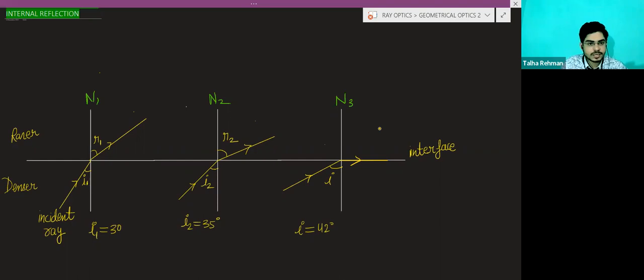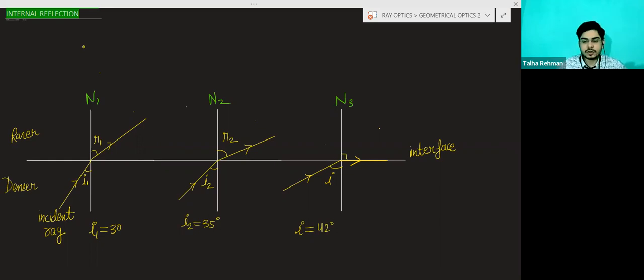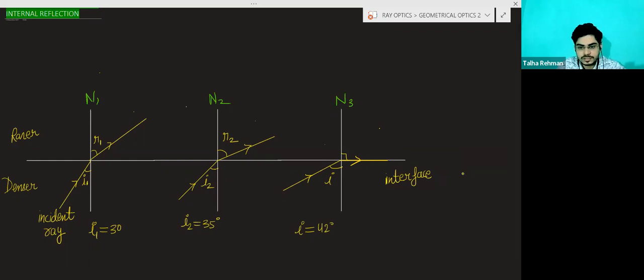So in this case, what will be the angle of refraction? This is the refracted ray, and this refracted ray is grazing.